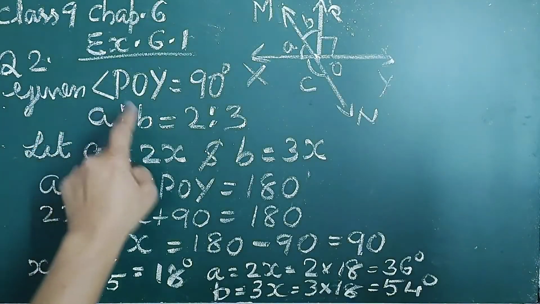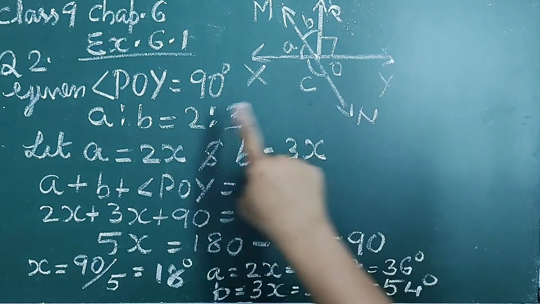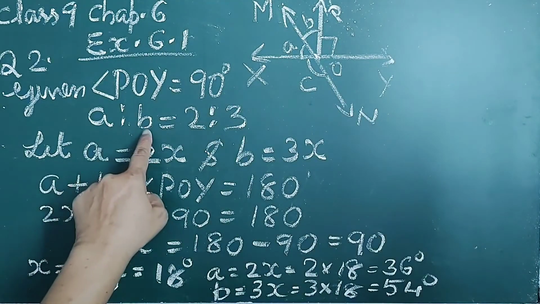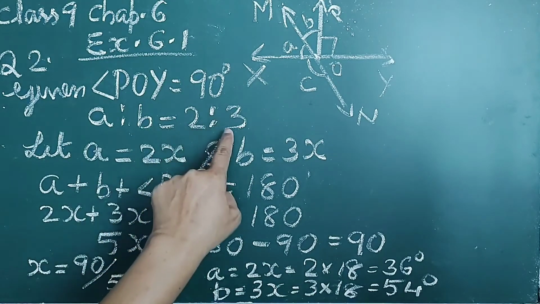It is given angle POY equal to 90 degree and A is to B equal to 2:3.